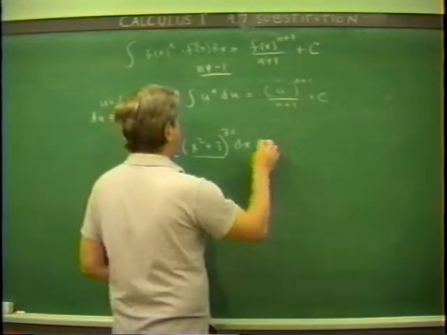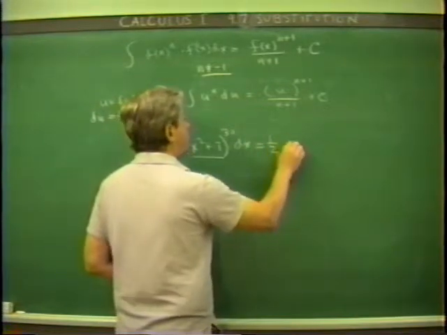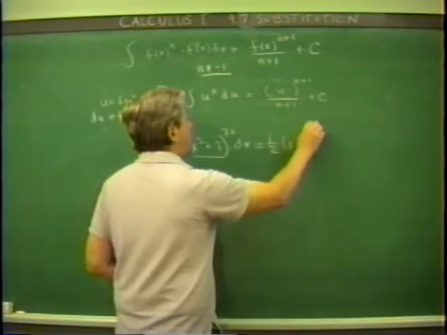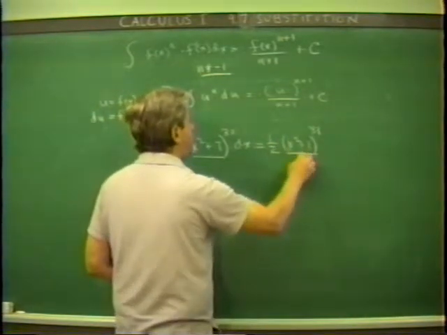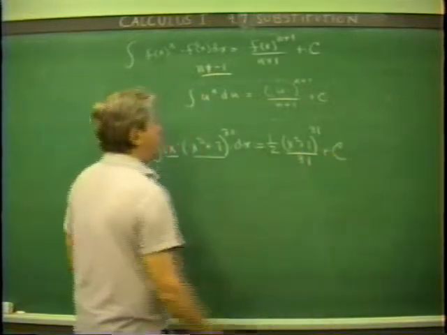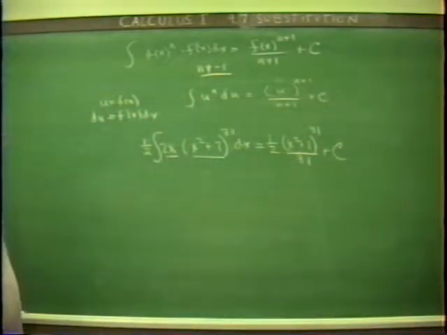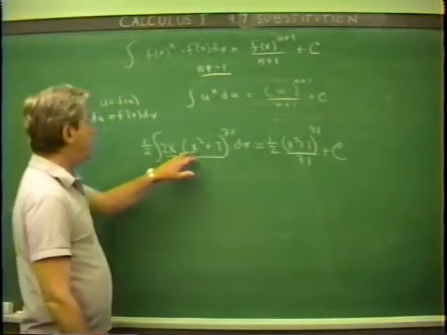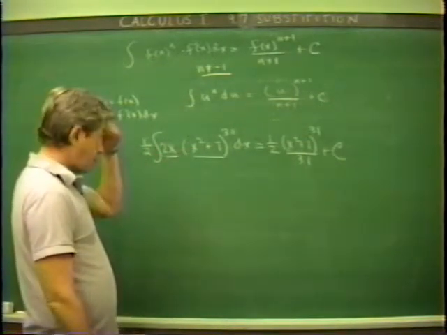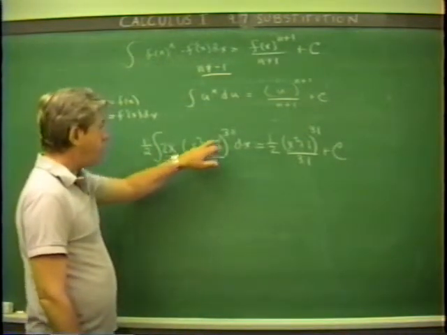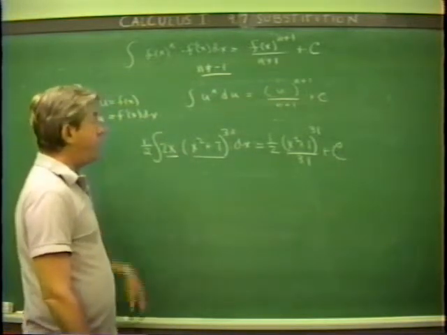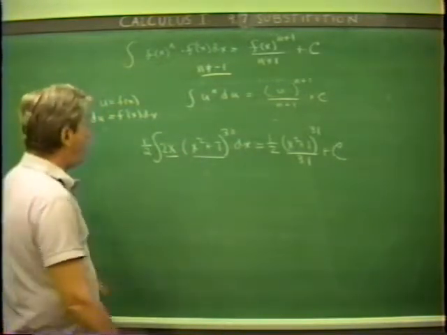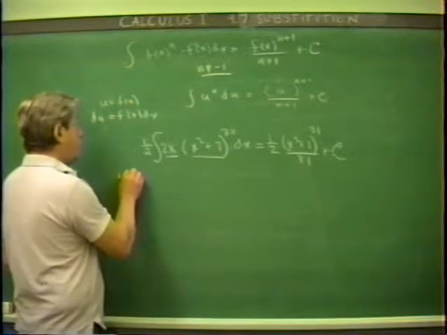So the antiderivative of this is going to be the half stays here. We've got then x squared plus 7 to the next higher power, 31st power over 31 plus any constant. Okay? So if you can recognize that you've got a function, raised to a power, times its derivative, then you can anti-differentiate it.